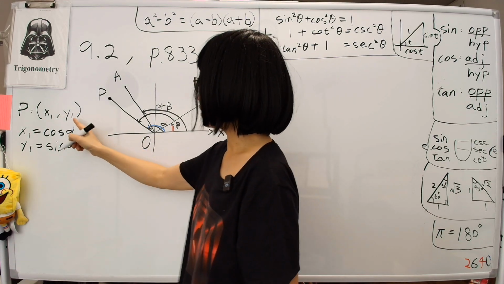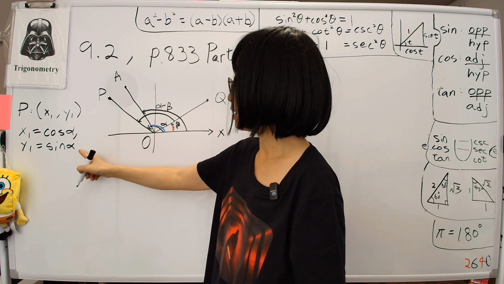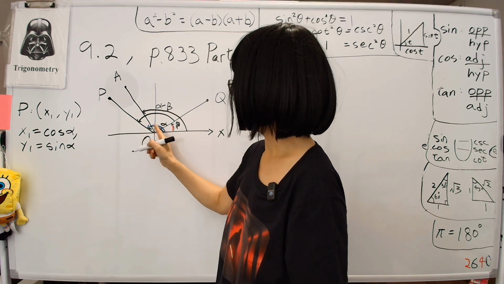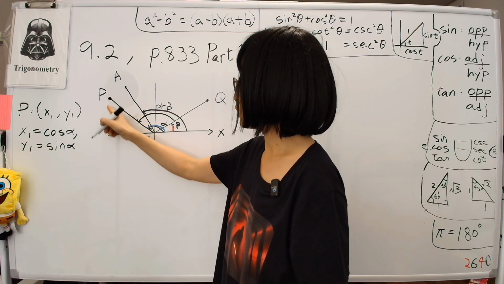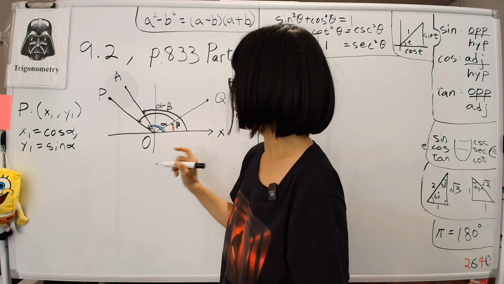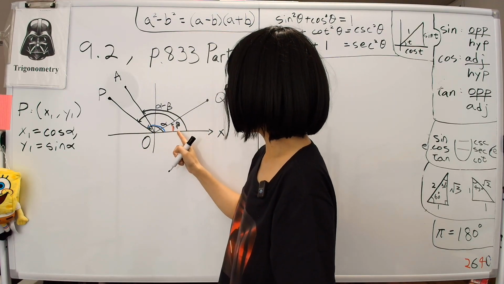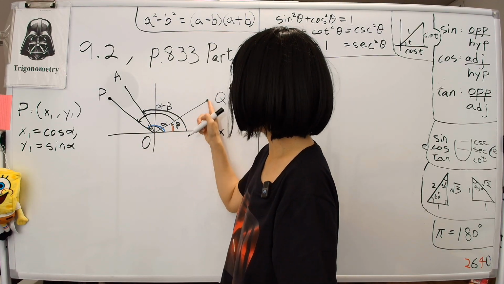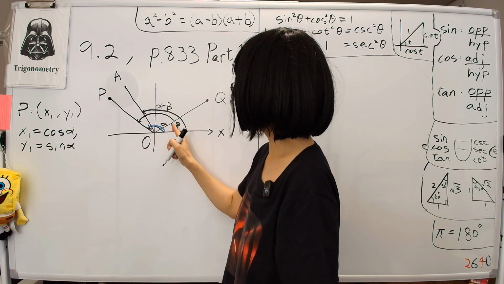So P is x1, y1, this spot, which is cosine alpha, sine alpha, being that this angle here is alpha. Okay, so the measurements are sine alpha and cosine alpha. And Q is the same way, except that Q is defined by the angle beta. See, this is the angle where Q is on the unit circle and its angle is beta.